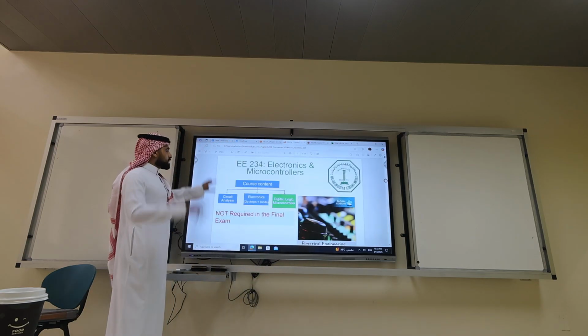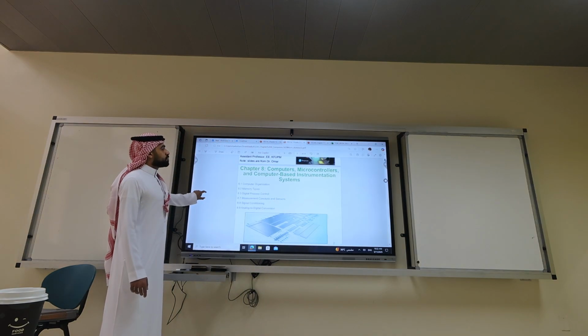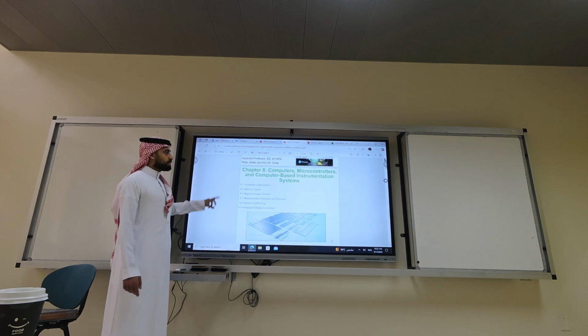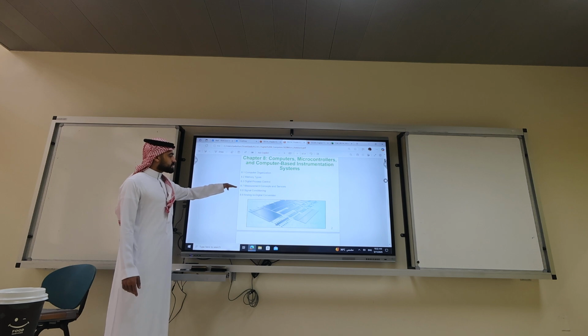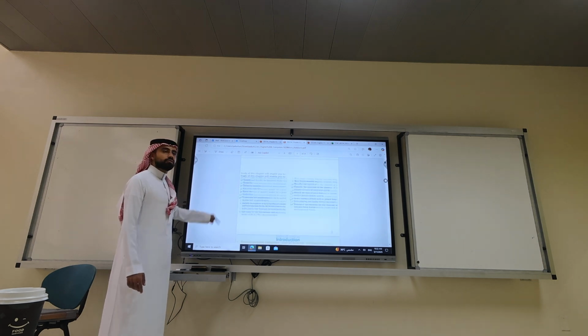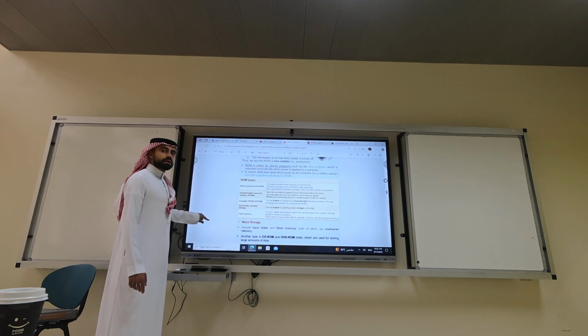So this chapter talks about computers, microcontrollers, computer-based information systems, but we only cover measurement and concept sensors, signal conditioning, and analog to digital converter. I will give you the summary, okay?